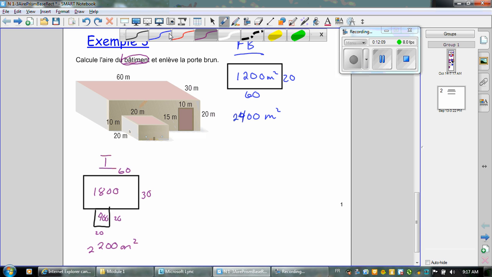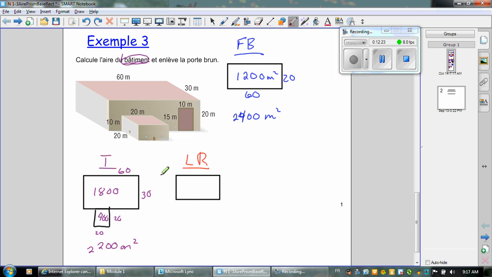All right, finally, the left and the right side. So here it's actually easier just to do this side here. I can see, so the left, right side. So it's going to be rectangular shape, the big side, and I'm going to have a little rectangle sticking out here.